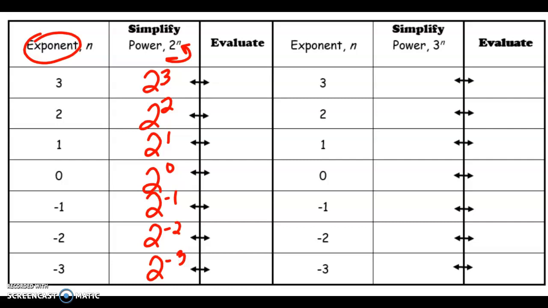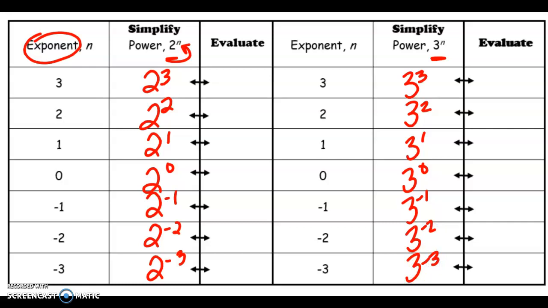Okay? Over here, it's going to be the same thing on the other side, except this one is going to have 3 as the base. So 3 to the third, 3 to the second, 3 to the first, 3 to the 0, 3 to the negative 1, 3 to the negative 2, and 3 to the negative 3.